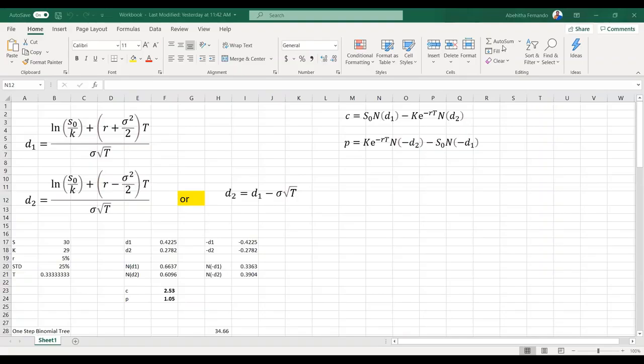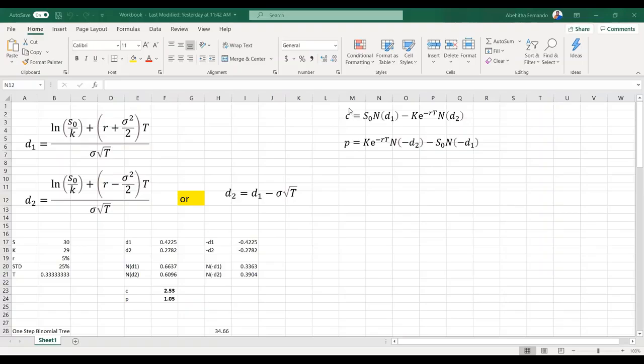Can we calculate the price of both American and European options using Black-Scholes? No, based on what you have learned, the Black-Scholes model is used only for European options. We cannot use it to find the value of American options.